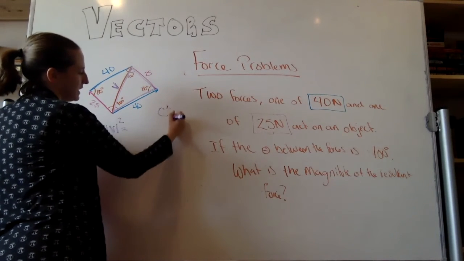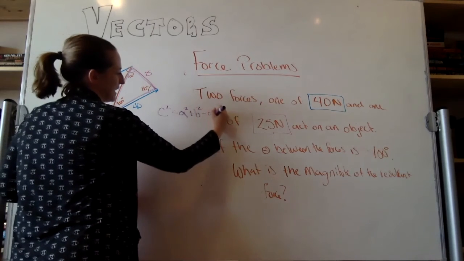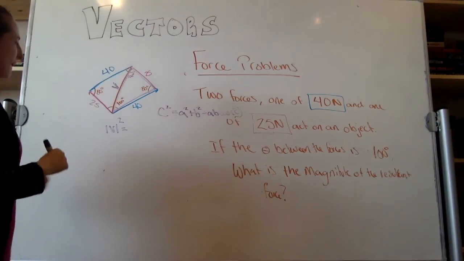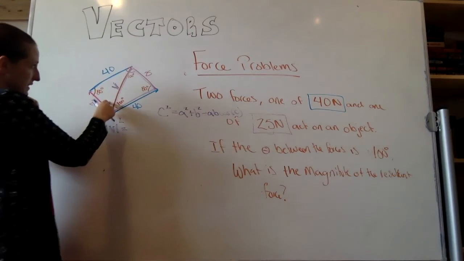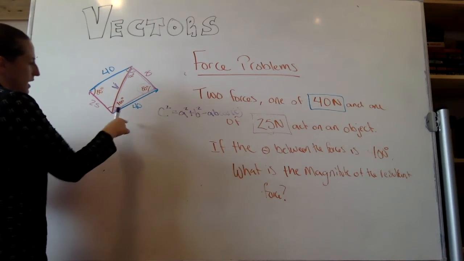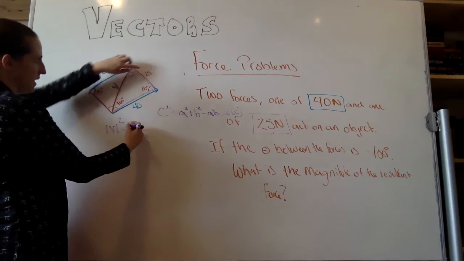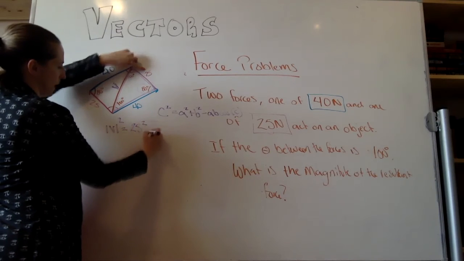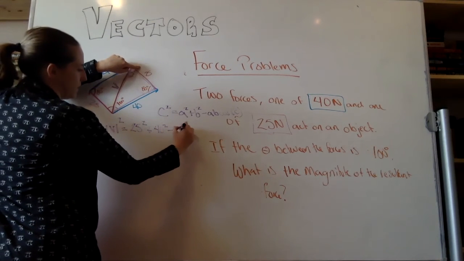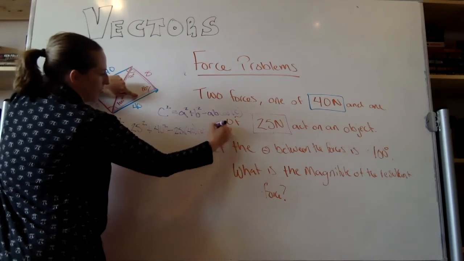We have one that says C squared equals A squared plus B squared minus 2AB cosine of C. So this is acting like my C. Either of these can be A and B, and then this is my angle C. So by law of cosines, V squared, the magnitude of this, is going to be equal to 25 squared plus 40 squared minus 2 times 25 times 40 times cosine of 80.